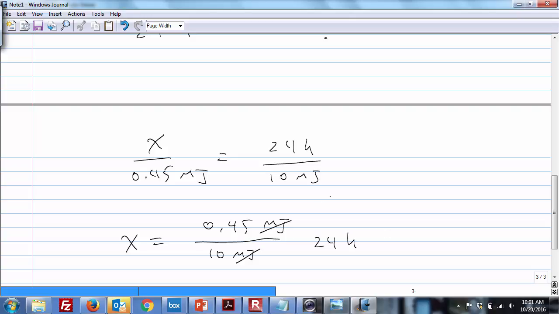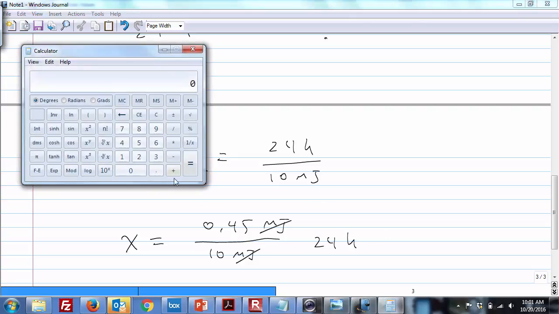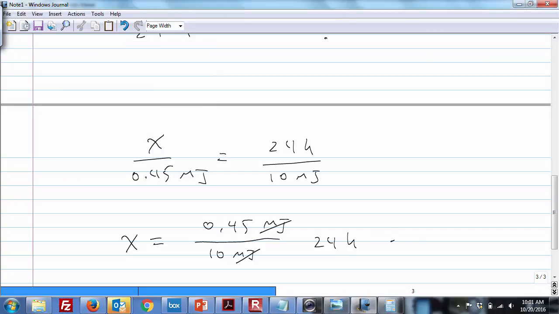The megajoules are going to cancel. 0.45 times 24 divided by 10 equals closer to 1 hour. That was your guess initially? Well, yeah, because I just thought 0.45 goes into 10 about 20 times. Yeah, perfect, about 1 hour, nice.